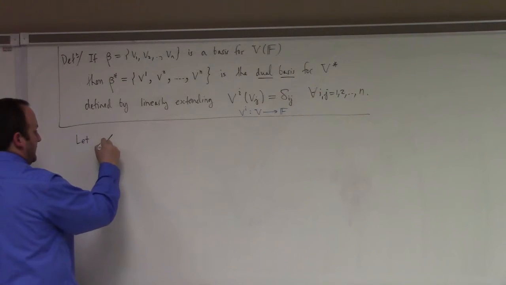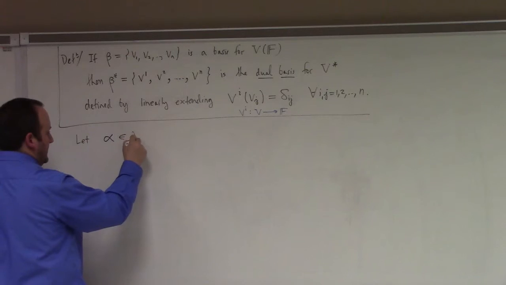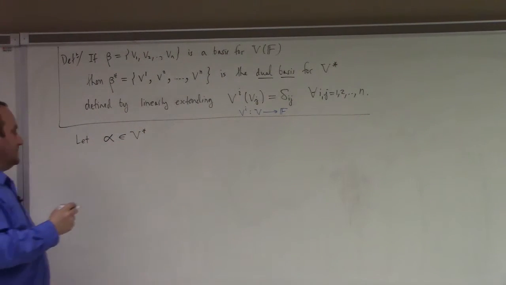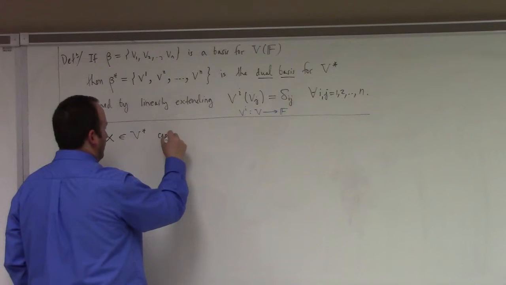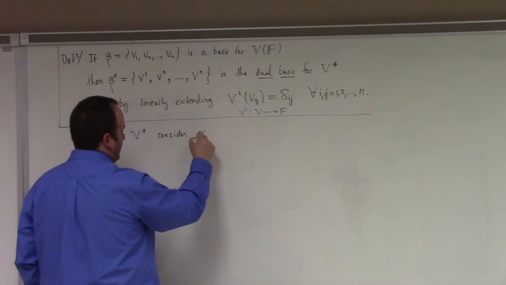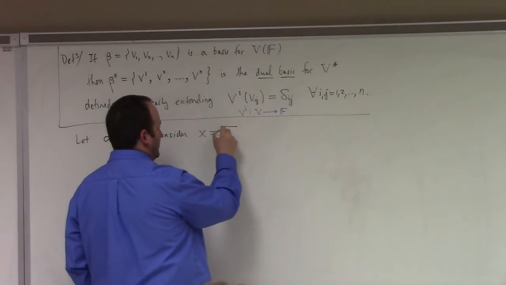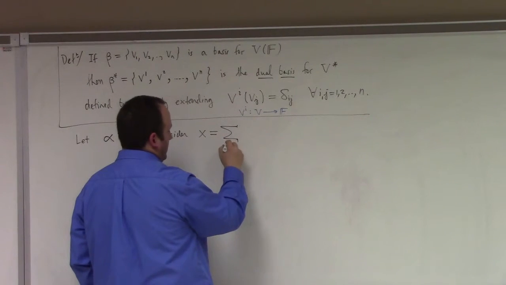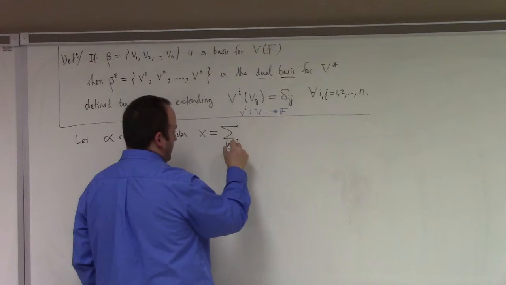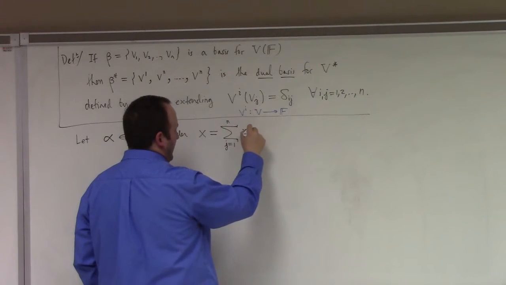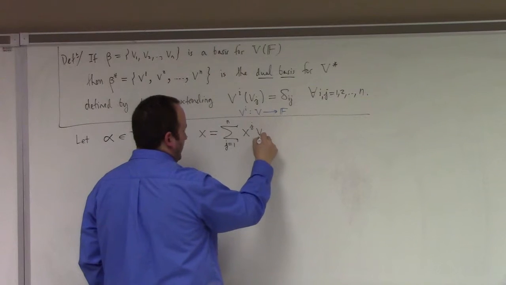I usually use alpha for a dual vector. Let alpha be an element of V dual. Consider x, and in this material, it pays off to write x like this: the sum j equals 1 to n of x^j v_j.